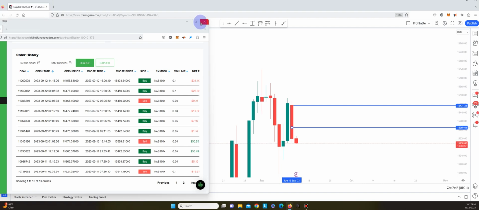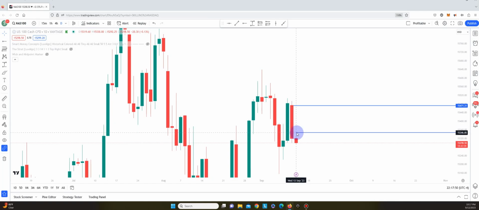Tomorrow we have CPI. And you know, it's not always fun trading these events.